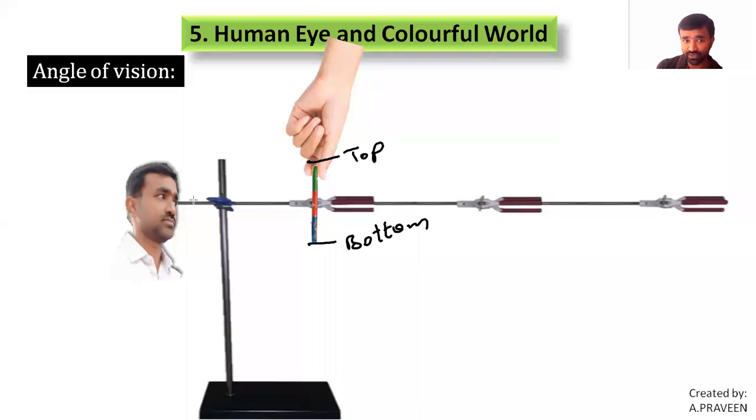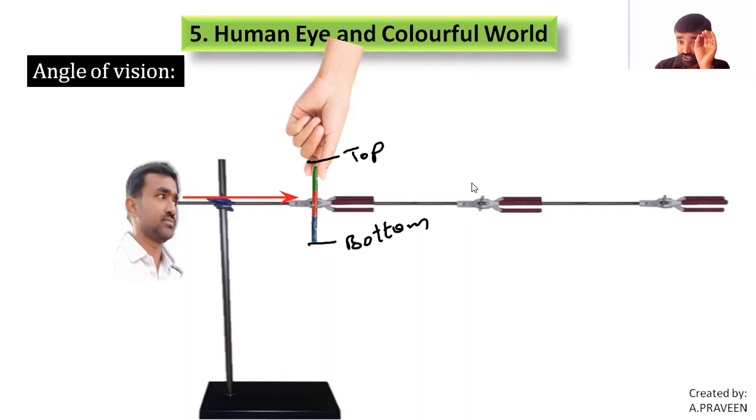While you are observing, don't change your view other than this direction, not moving your eyeball. That is the condition. So my view is fixed along the horizontal rod. If I am unable to observe the top and bottom at a time without changing the view, ask your friend to move it away from you.